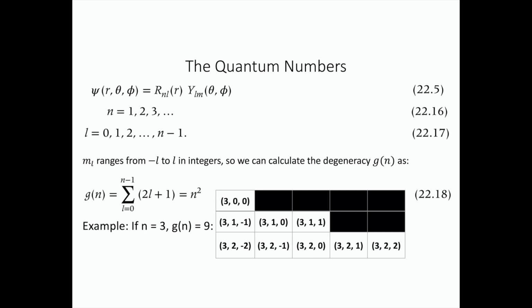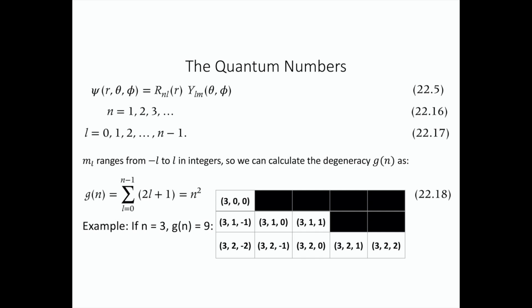Then finally at the bottom we show the degeneracy equation that tells us that the degeneracy of any value for n is going to be n squared. So what do we mean by degeneracy? Basically we're saying that, for example, if we choose n equals 3, then there are 9 different ways that we can set all of the quantum numbers to follow all of these rules that have emerged.